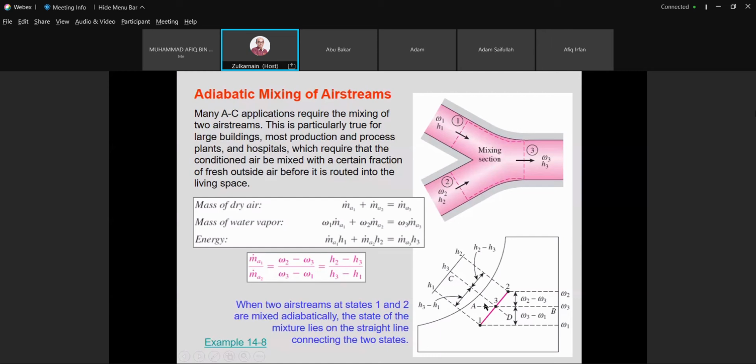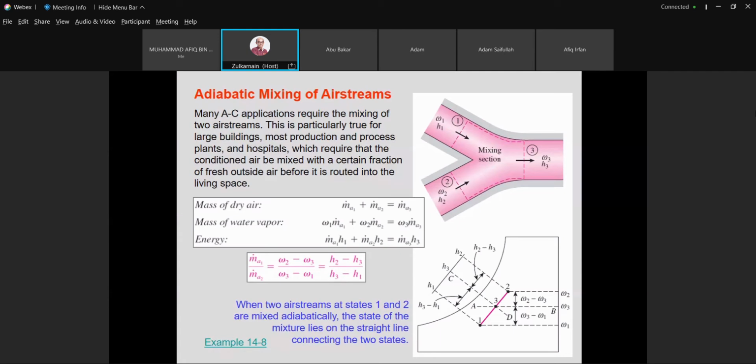This gradient could be in terms of delta H, or in terms of delta W. This is the ratio of m dot a1 and m dot a2. Basically, this analysis is to get how much should be our return air and how much should be our fresh charge of air.